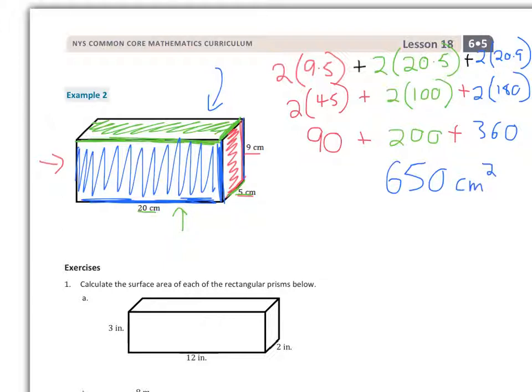And remember, even though it's a 3-dimensional figure, we are solving for the surface area, not the volume. So it's not filling anything, it's just covering stuff.